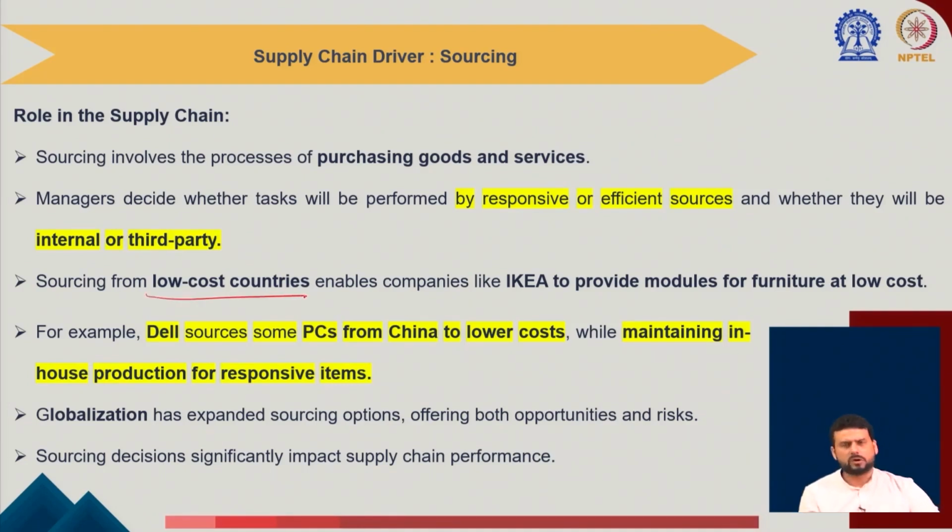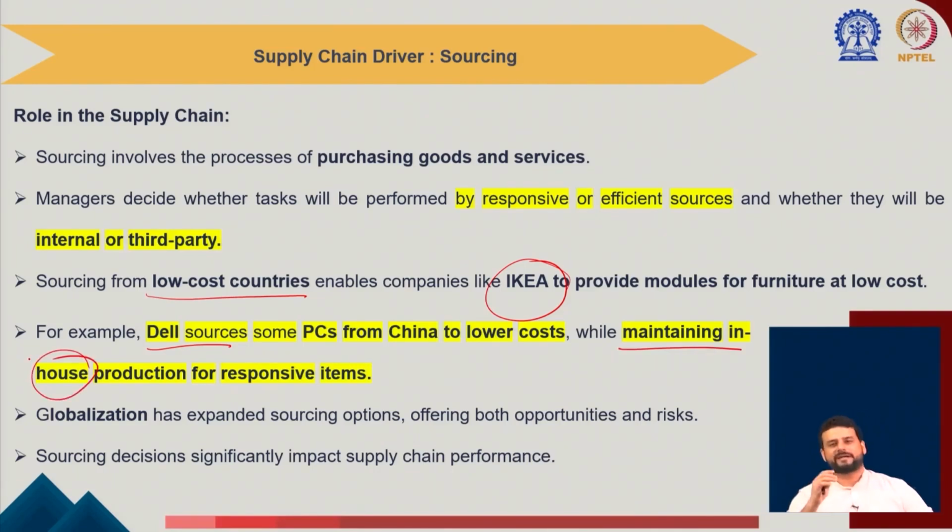Usually we are going for low cost countries, like IKEA is doing for manufacturing the furniture. They are finding the low cost source. Dell is doing it too. They are using an efficient supply chain and also responsiveness. How? They are sourcing from China to lower the cost of the components, but they maintain responsiveness by in-house production.